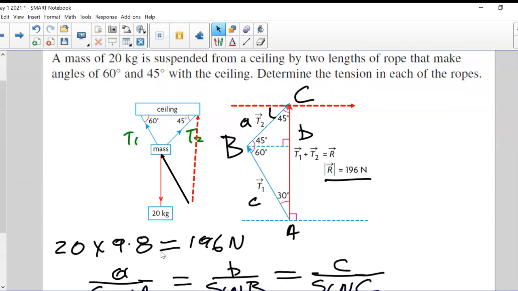And now, which side represents T1? We're trying to figure out T1 here, folks. Which side is opposite to T? Small c, thank you very much.